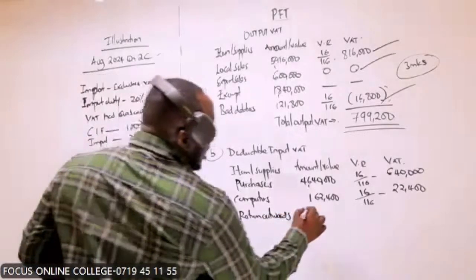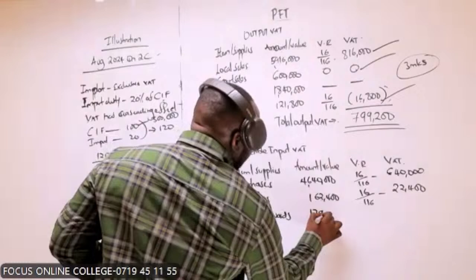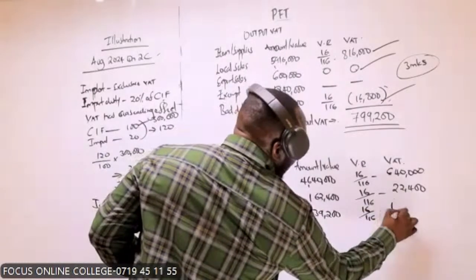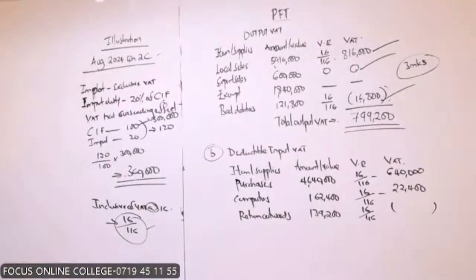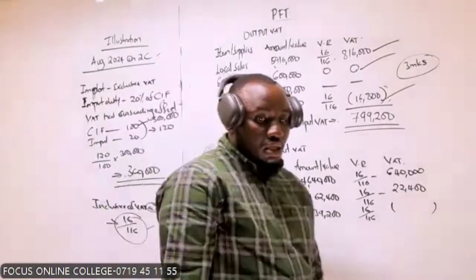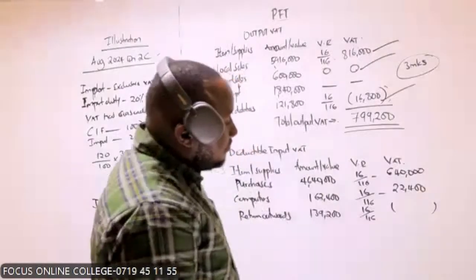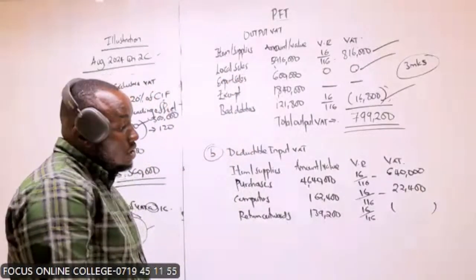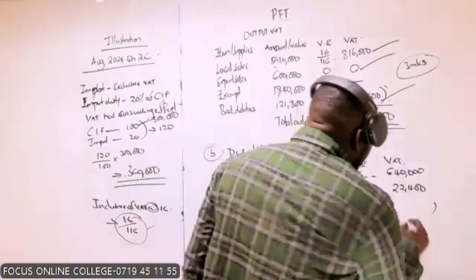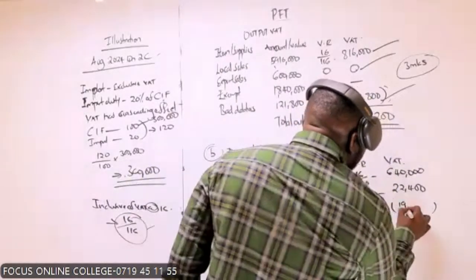That should be 139,200 times 16 over 116. That should be minus of purchase. Get me that minus of the purchase. That's 19,200. So you're less.